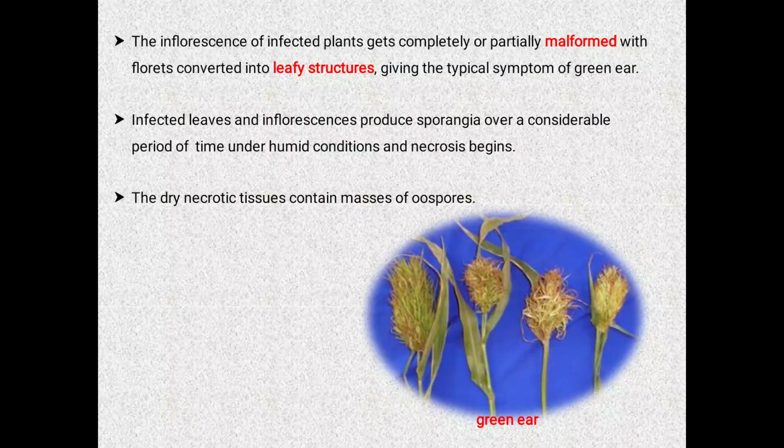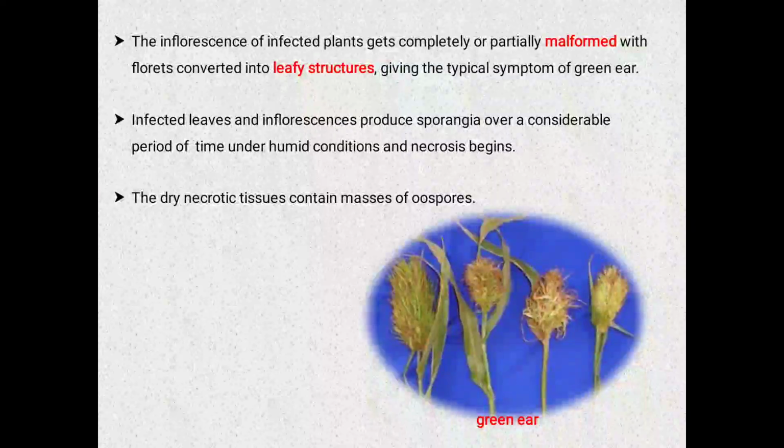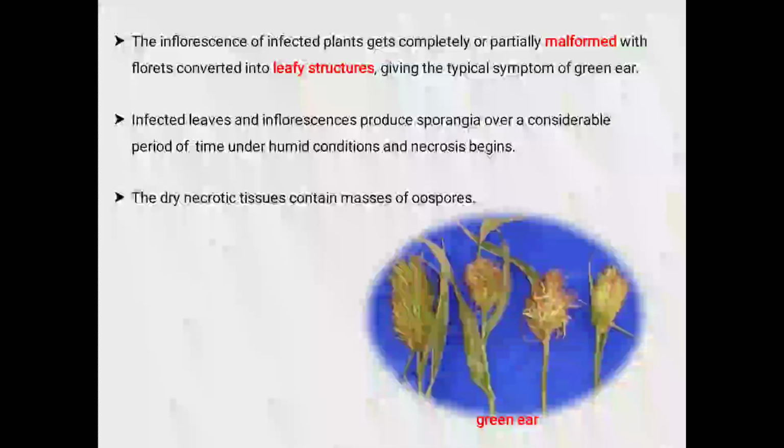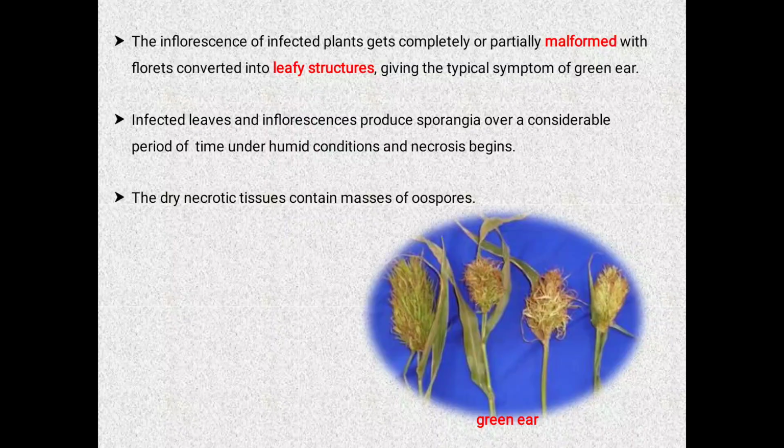So infected leaves and inflorescence produce sporangia over a considerable period of time under humid conditions, and necrosis begins. See here, as it is a fungal disease, each and every fungus requires humid condition for its proper development during the incubation period, and ultimately it shows the necrosis, that is death of the tissue.